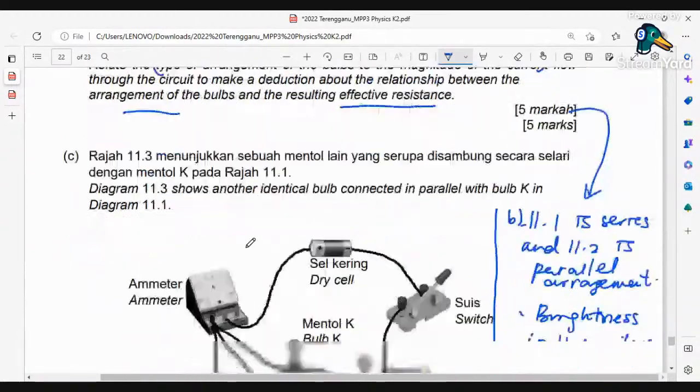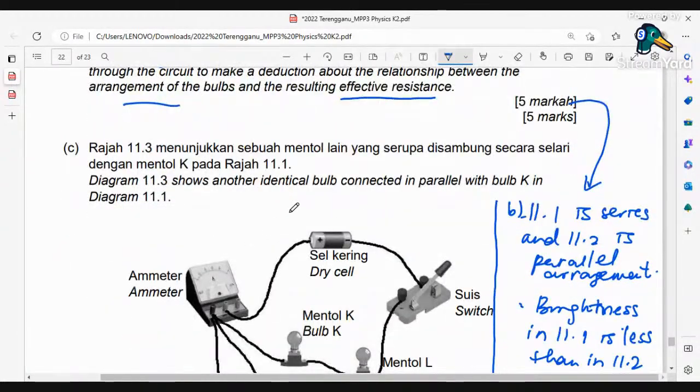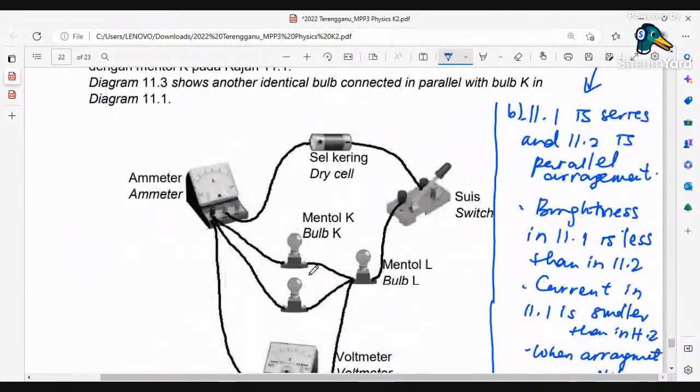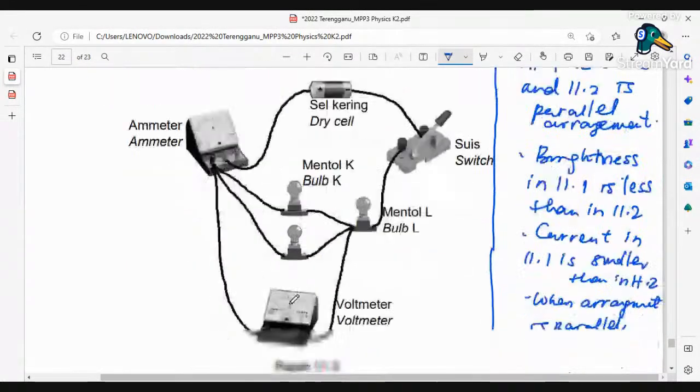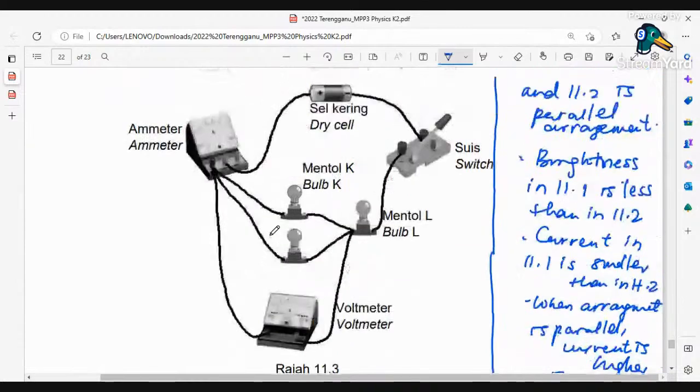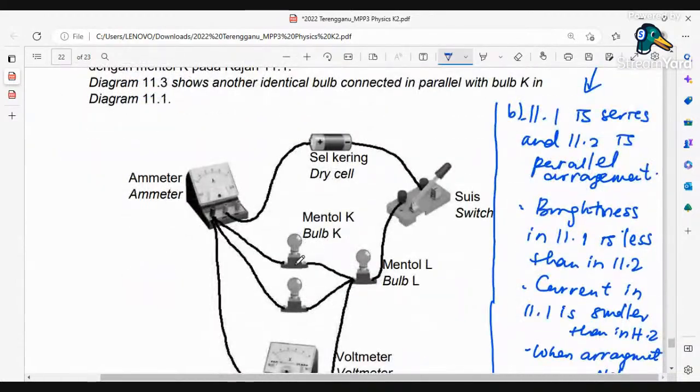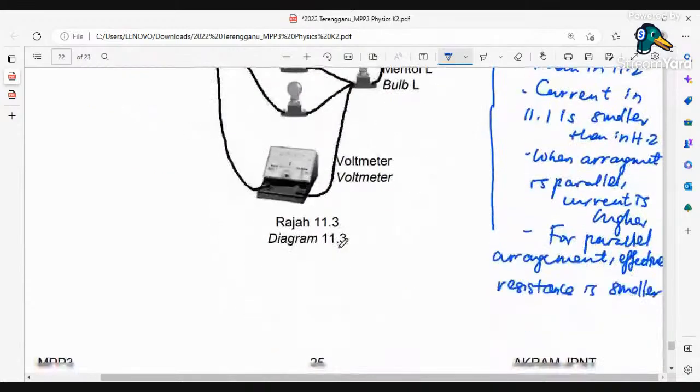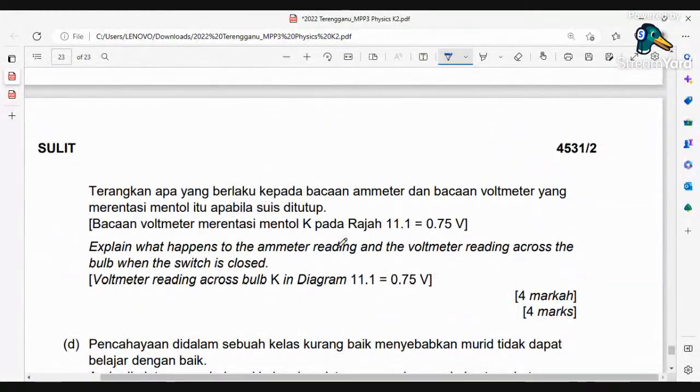Okay, part C, show another identical bulb connected in parallel with bulb K. Add one more. 11.1 just now was series, so you add one across bulb K. Explain what happens to the ammeter reading and the voltmeter reading across the bulb when the switch is closed.